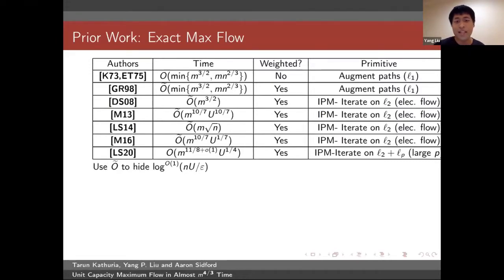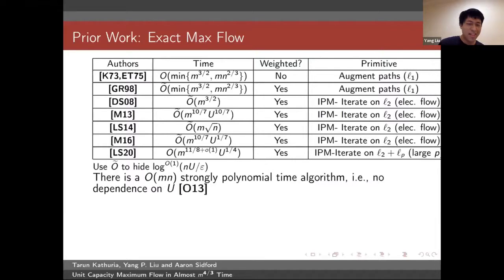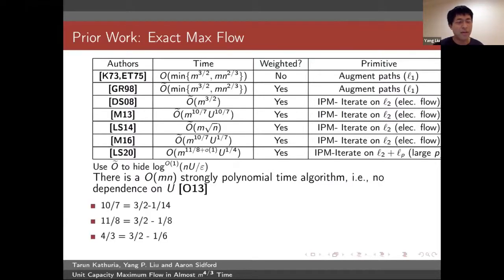These algorithms run in time m to the 10/7, or the improved one is m to the 11/8 in the case of sparse unweighted graphs. To get a feeling for where these exponents come from, the exponent 10/7 is 3/2 minus 1/14. Here 3/2 is the classical runtime. 11/8 is 3/2 minus 1/8, and 4/3 is 3/2 minus 1/6.